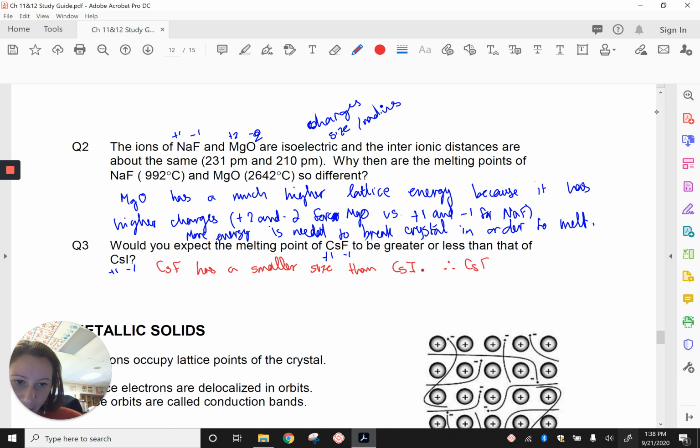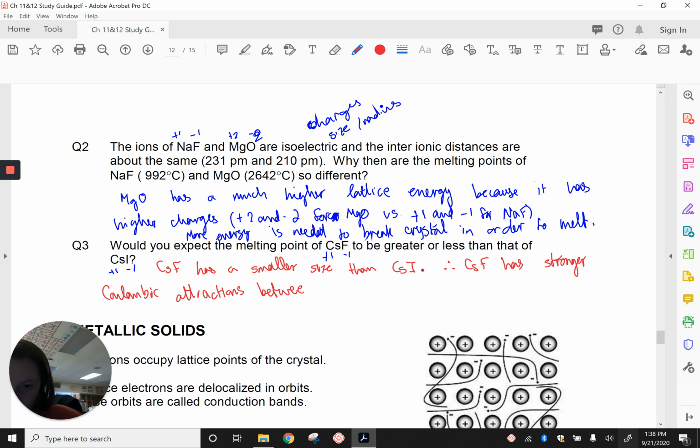Therefore, CsF has stronger Coulombic attractions between the ions and higher lattice energy.